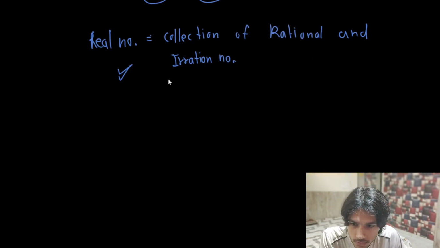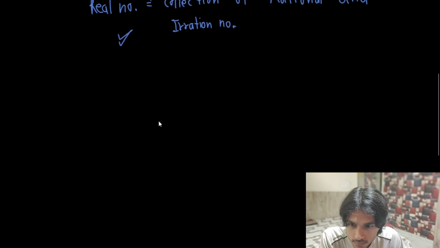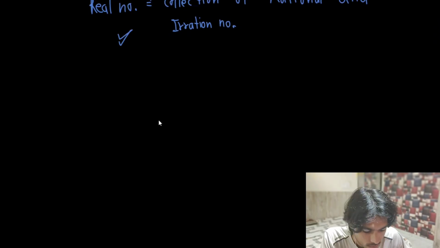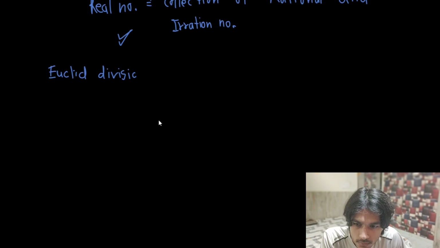So let's start with Euclid's division lemma. Okay, there has to be two M's in it.